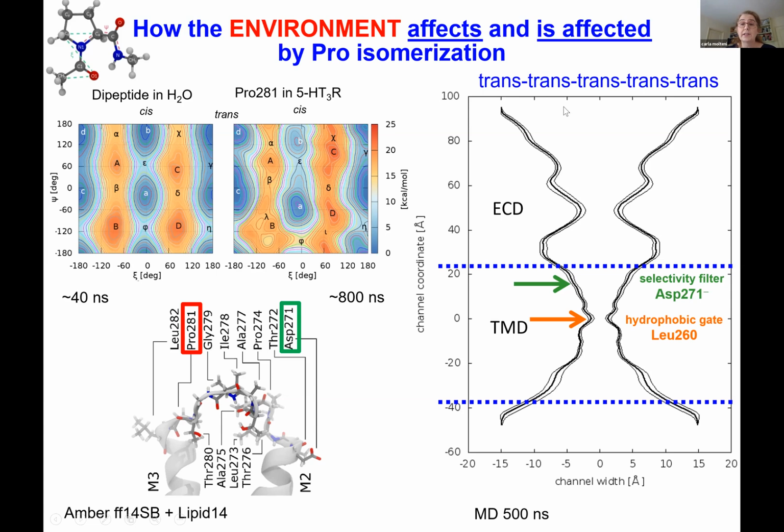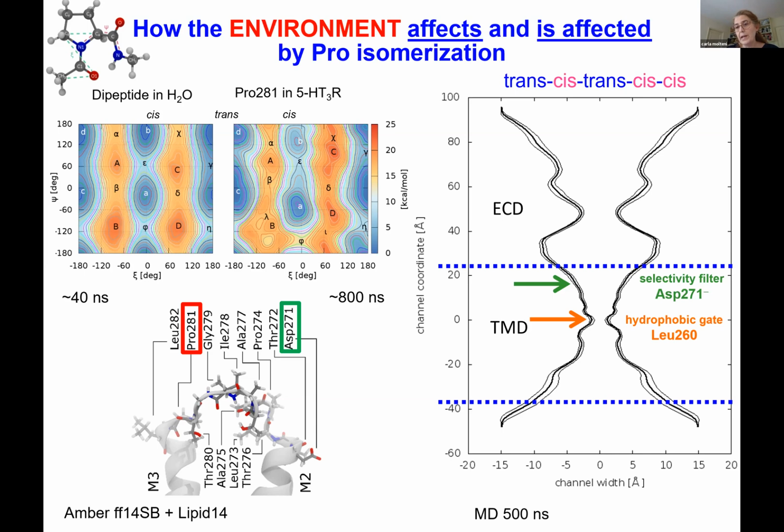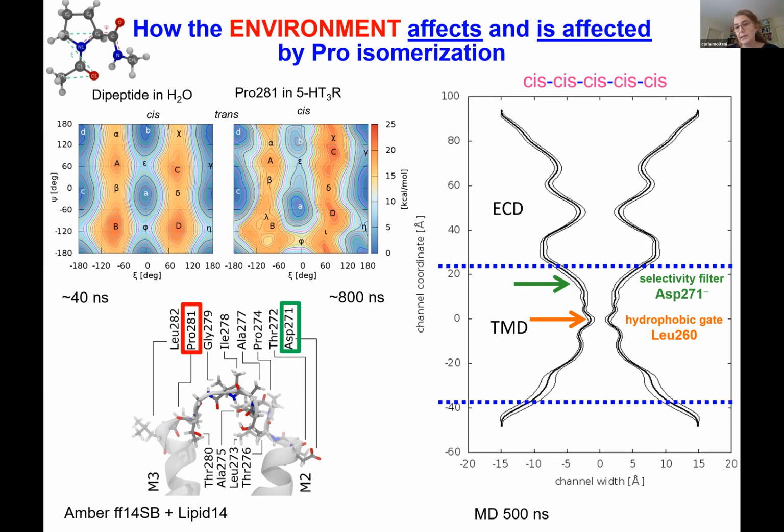And here on the right, there is a representation of the interior of the channel and how isomerization of this particular potential switch modifies in particular the selectivity filter for the ions.